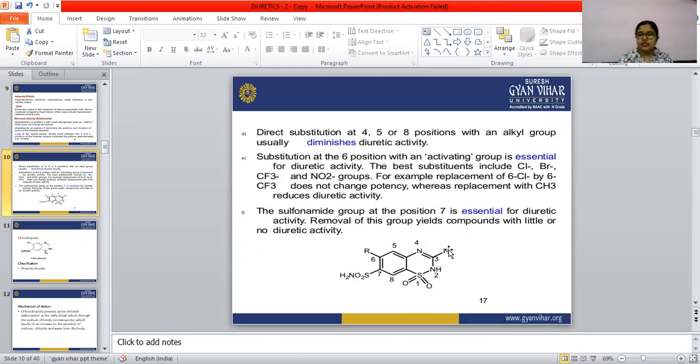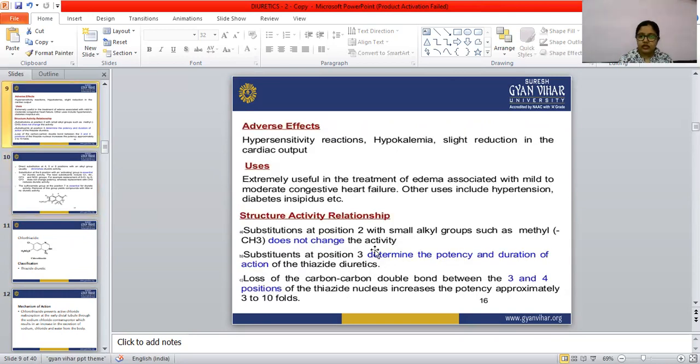In chlorothiazide as well as hydrochlorothiazide, at the 3 position we are substituting hydrogen only. So substituents at position 3 determine the potency and duration of action of the thiazide diuretics.